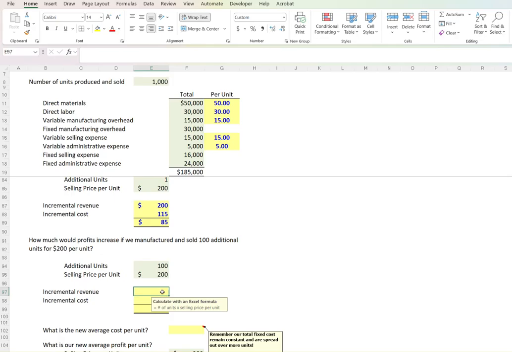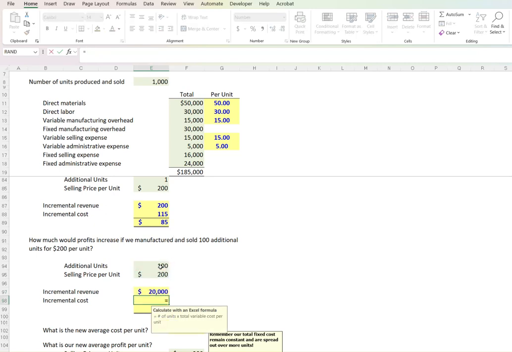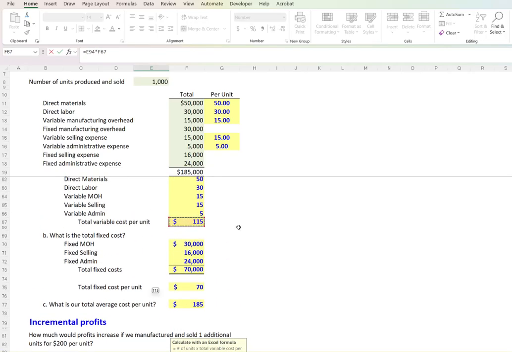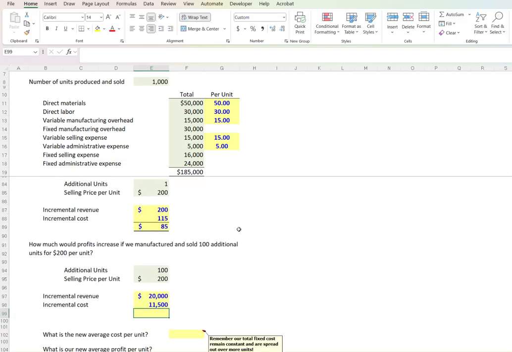Well, at an extra 100 units, we would have incremental revenue, $200 per unit times 100 units. Our incremental cost will be the 100 additional units times the $115 variable cost per unit. So our profits will go up 20,000 minus the 11,500. Our profits will go up by 8,500.